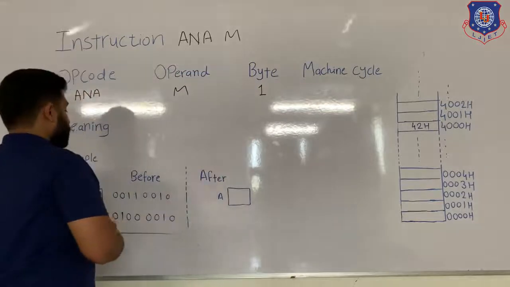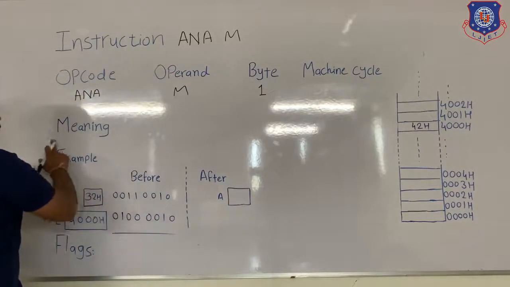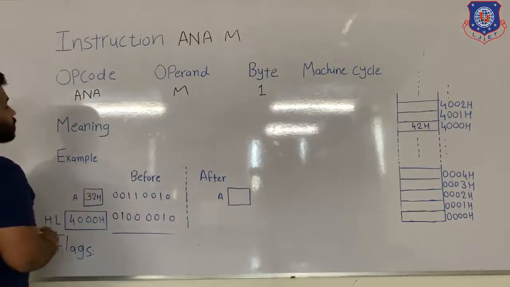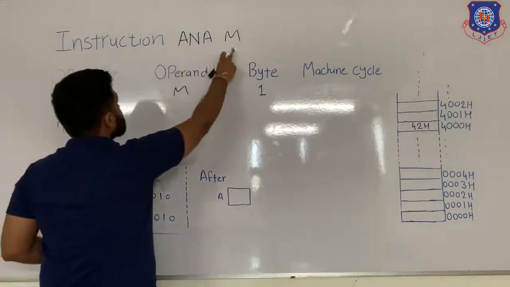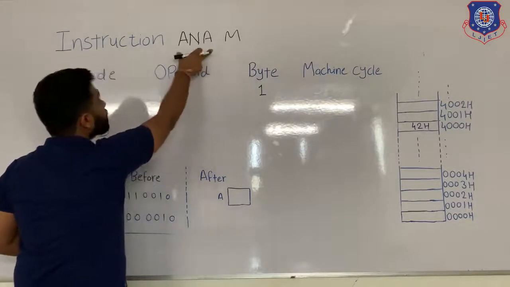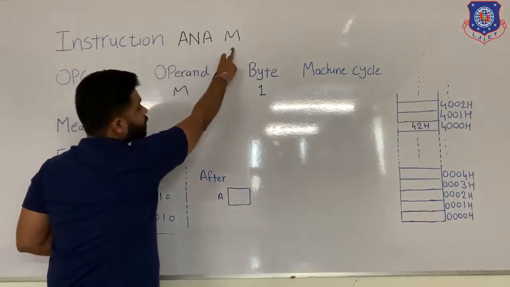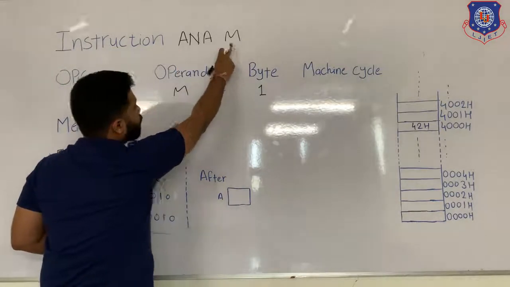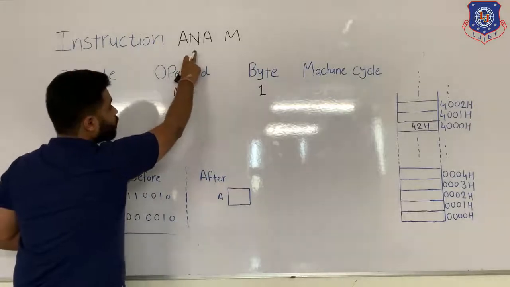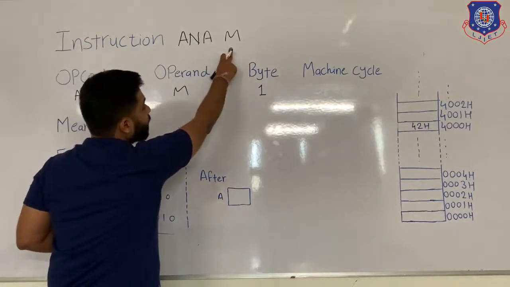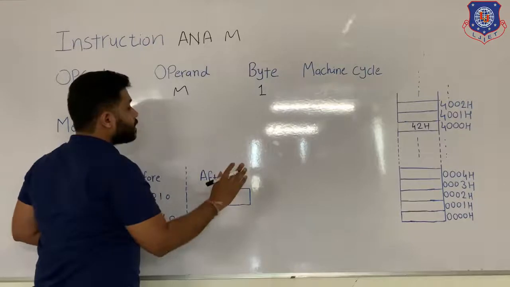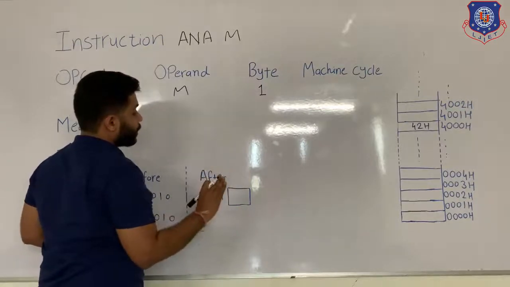Machine cycle we are going to see, but before that let's first see the meaning of this instruction. ANA M means logical AND operation between the content of memory location and the accumulator, and the result will be stored in the accumulator.